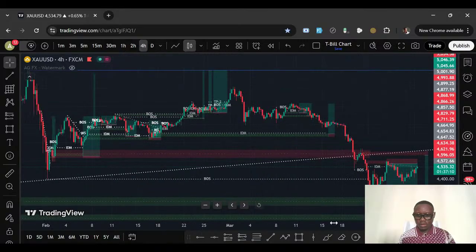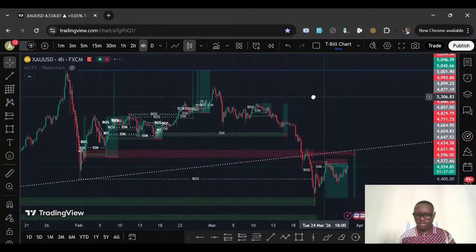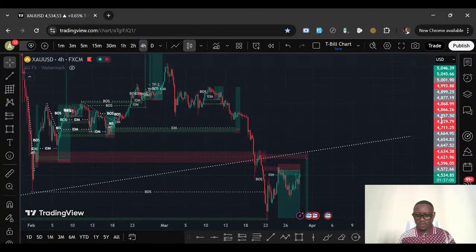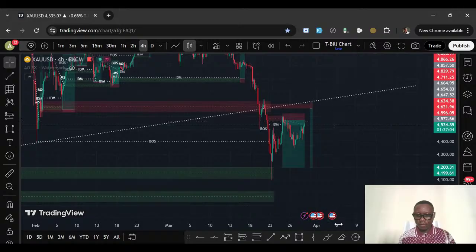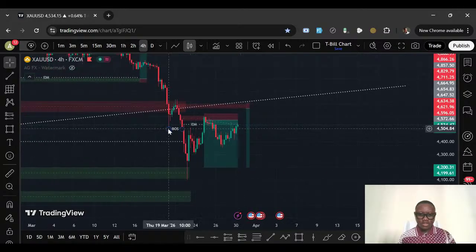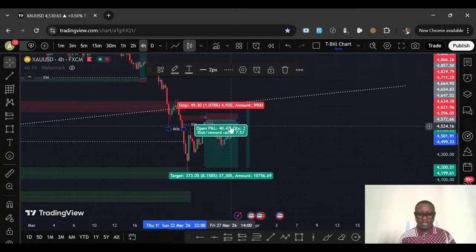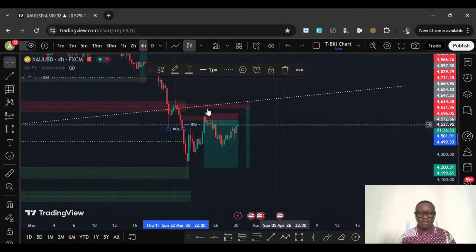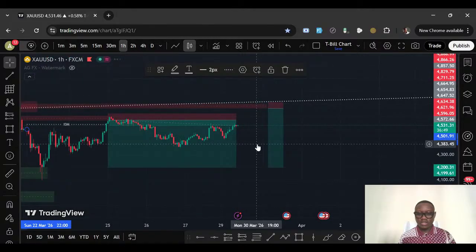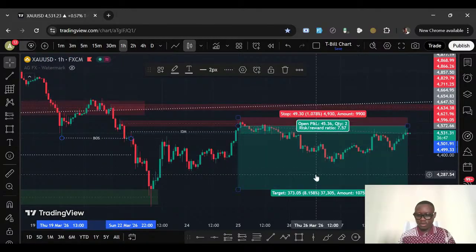On the 4H time frame, we have this break of structure, and we got this inducement. Let's drill down further to the 1H time frame, which is our entry time frame for this setup.